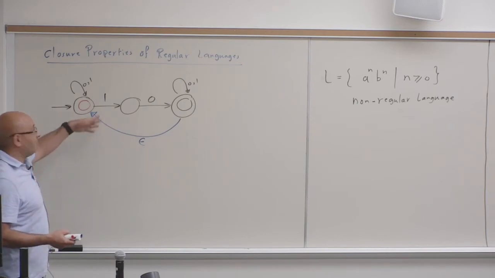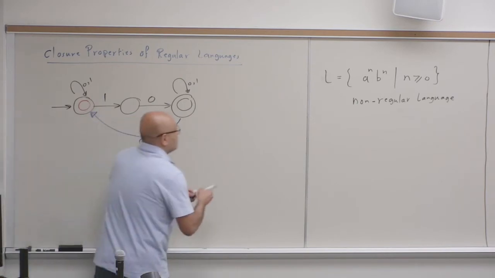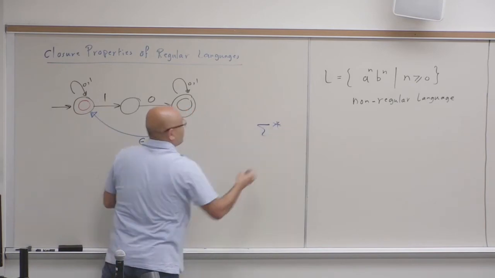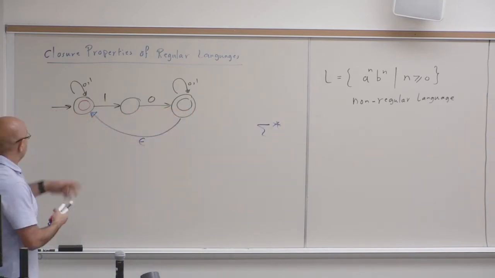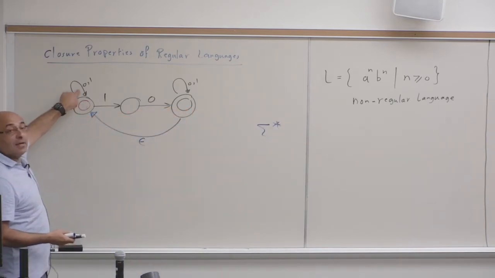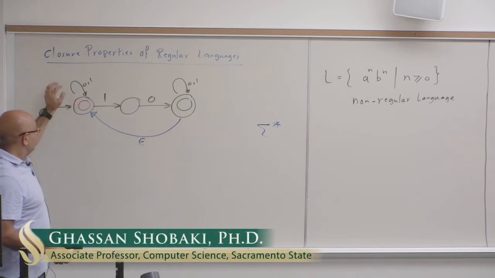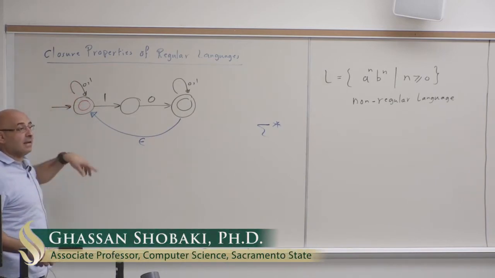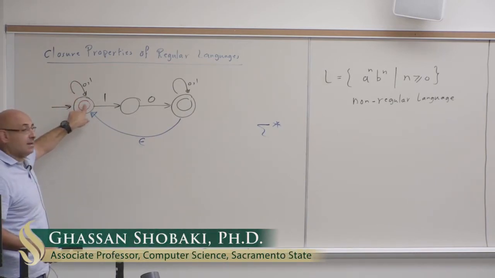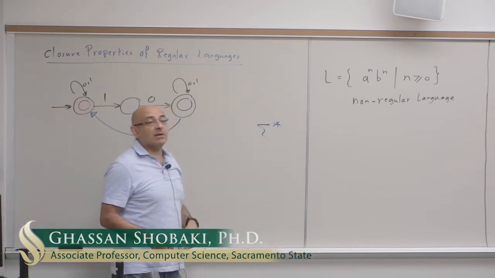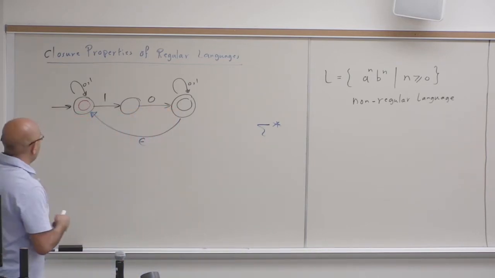This is an NFA for accepting sigma star. You can accept anything here. You just say this, and this tells you you have always the option of looping in this accept state for any 0 or any 1. So you can choose to stay there for any string, and this is going to accept any string. So it's going to accept sigma star. So this is not what we want.